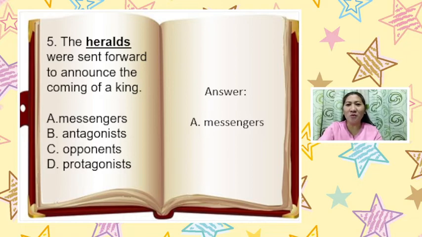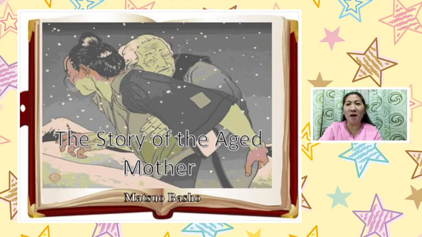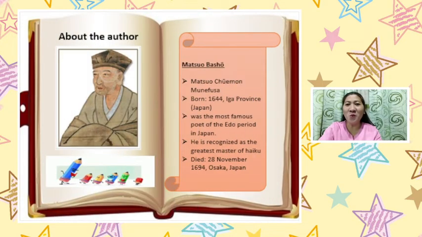We are about to study the story of the Aged Mother by Matsuo Basho. Let's know something about the author. Matsuo Basho was a pseudonym for Matsuo Kinsaku Munefusa. He was born in 1644 in Iga province in Japan.